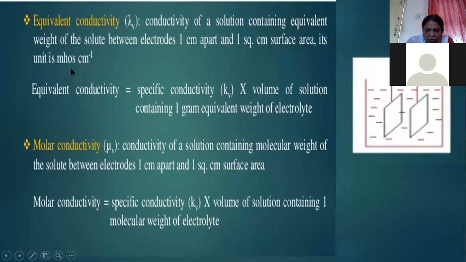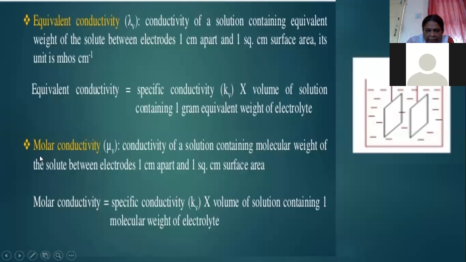In other words, if 1 gram equivalent of the solute is dissolved in 1 liter of the solvent, then the conductivity shown is called equivalent conductivity. Its symbol is lambda. The formula is specific conductivity into volume of the solution containing 1 gram equivalent weight of the electrolyte.